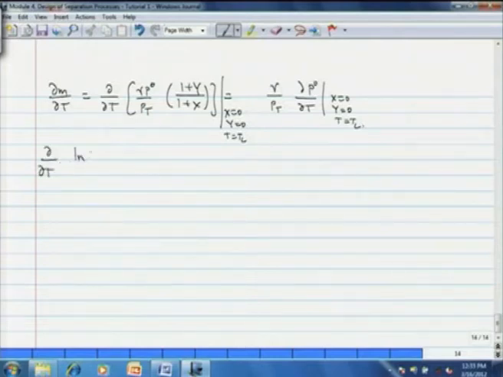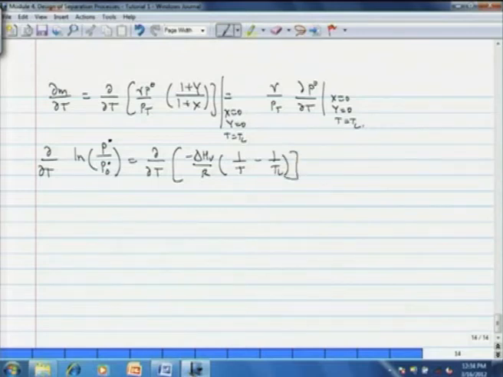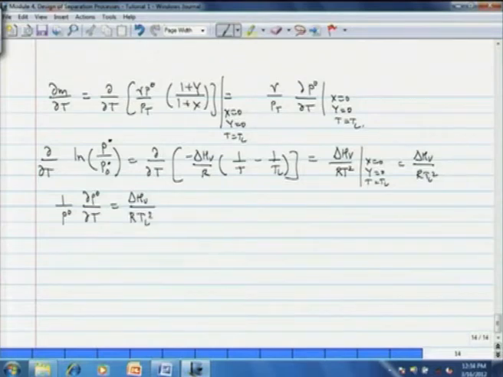Now, dou by dou T of ln P naught by P naught naught, we just take the derivative of the Clausius-Clapeyron equation, is dou by dou T of minus delta HV by R into (1 by T minus 1 by TL), and then this is delta HV by RT square at x equal to 0, y equal to 0, t equal to TL, or delta HV by RTL square, and the right hand side is nothing but 1 by P naught into dou P naught by dou T. This implies that dou P naught by dou T is equal to P naught into delta HV by RTL square, and that we put here.